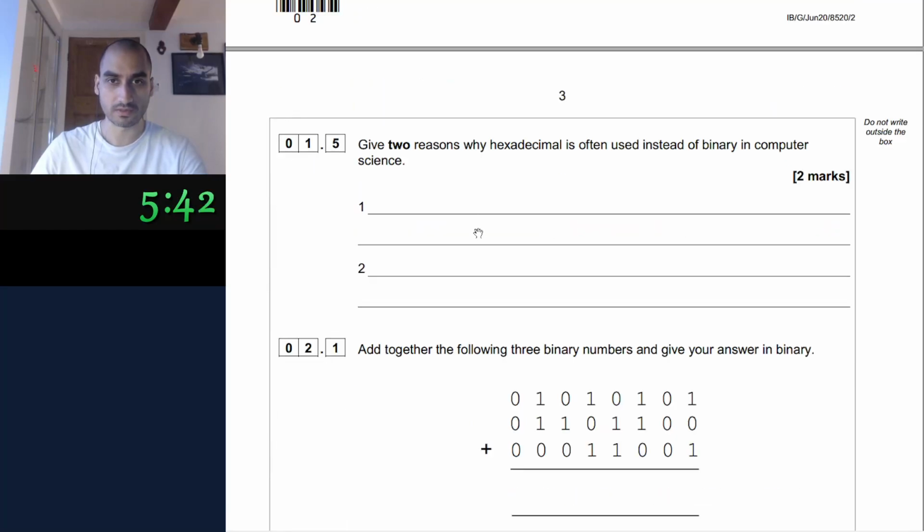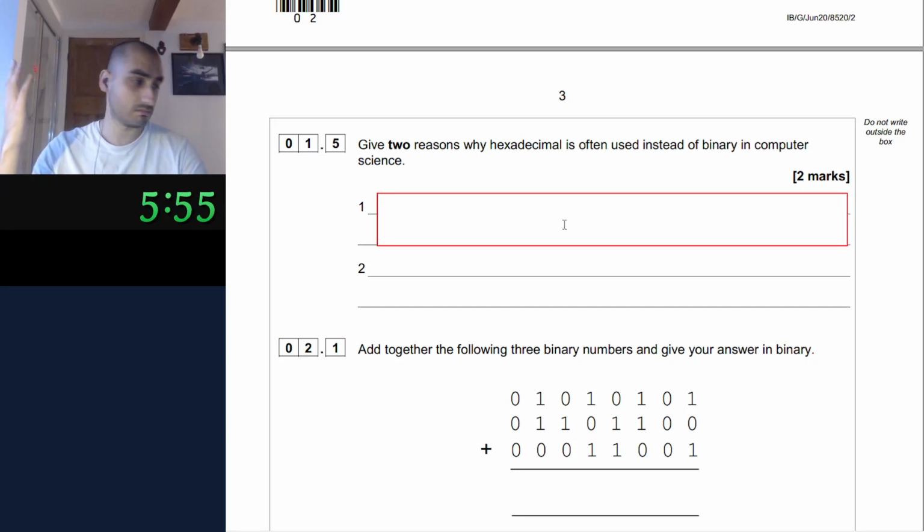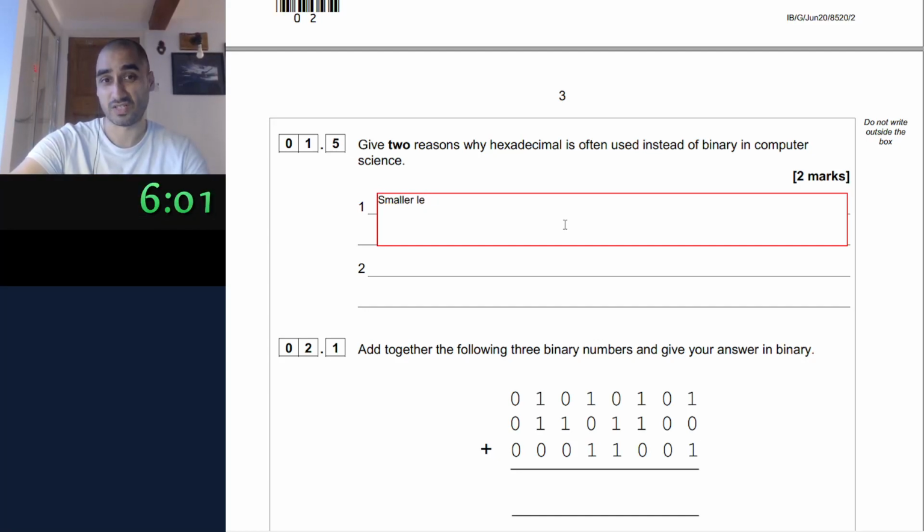I've never bothered. Give 2 reasons why hexadecimal is often used instead of binary in computer science. Smaller length of the strings.